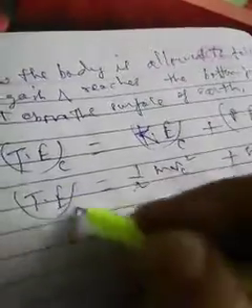Now we can calculate Vc from that same diagram. So how to calculate Vc? What happens? The object has fallen through a height h to reach here.